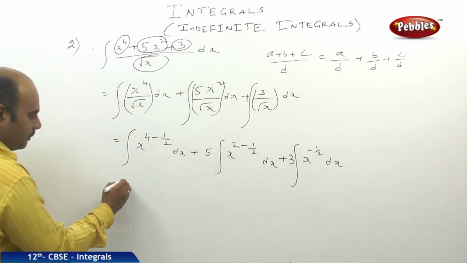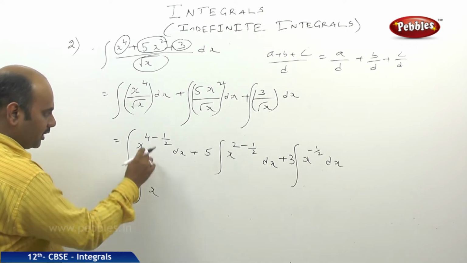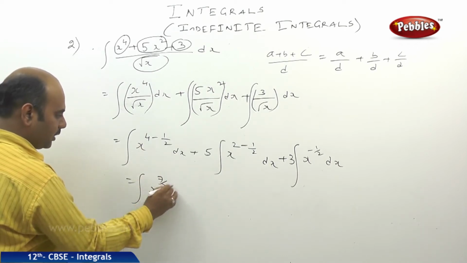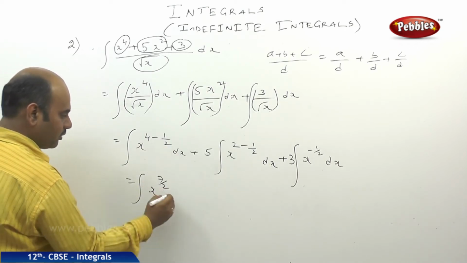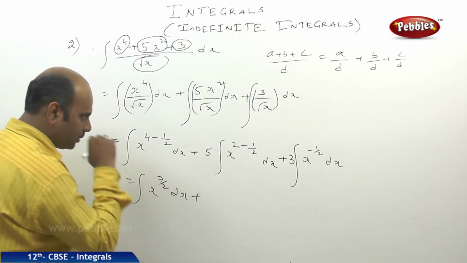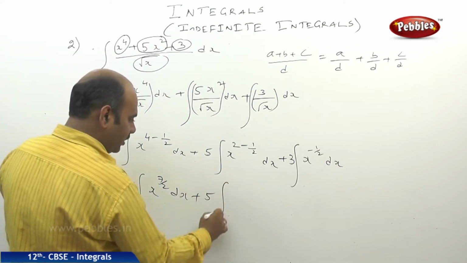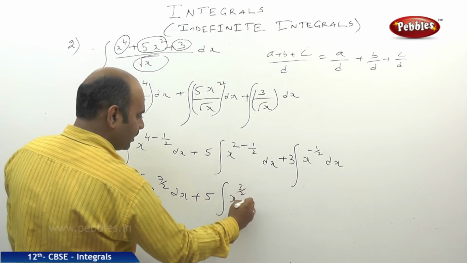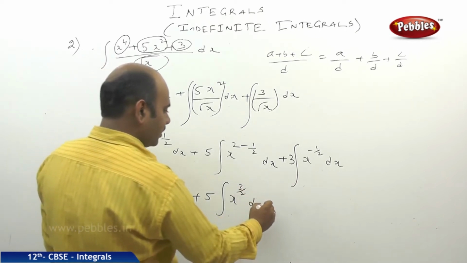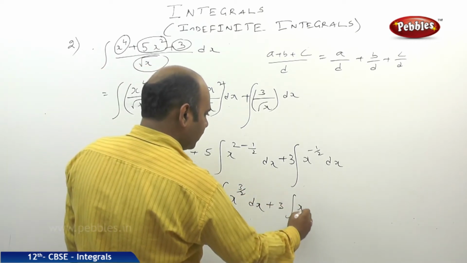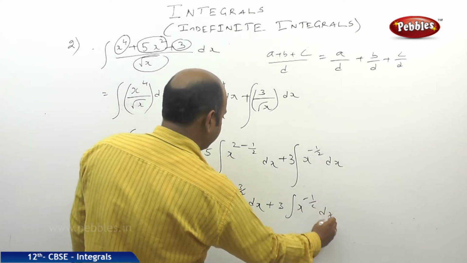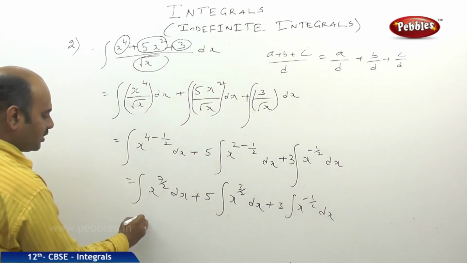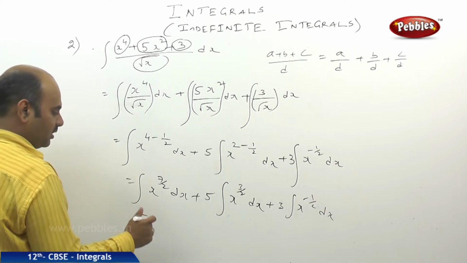Now if you observe carefully, this is x power 7 by 2 because 4 minus 1 by 2, LCM. I need not explain all these basics now. So 5 into x power 3 by 2 dx, and here 3 into integral of x power minus 1 by 2 dx. And now again our basic formula comes, integral of x power n dx.